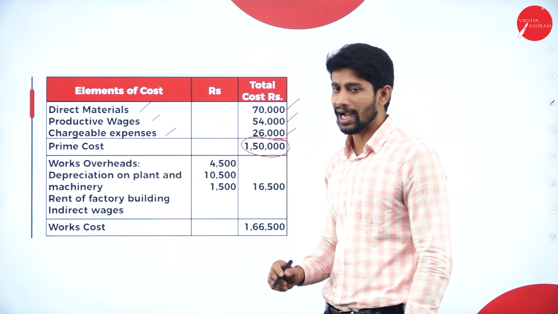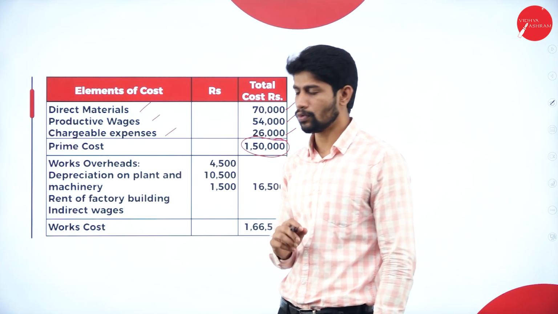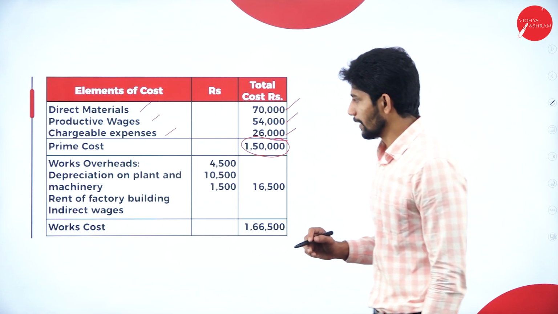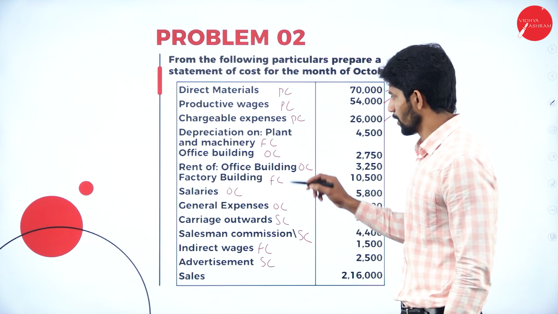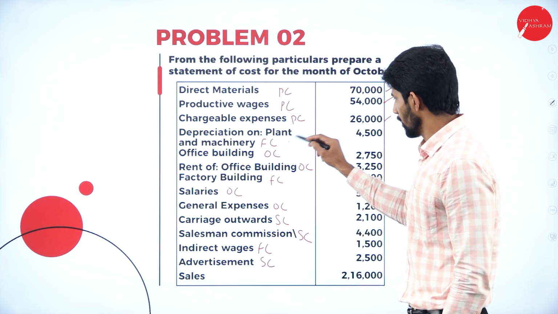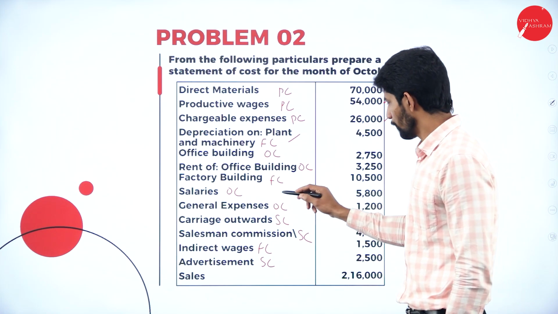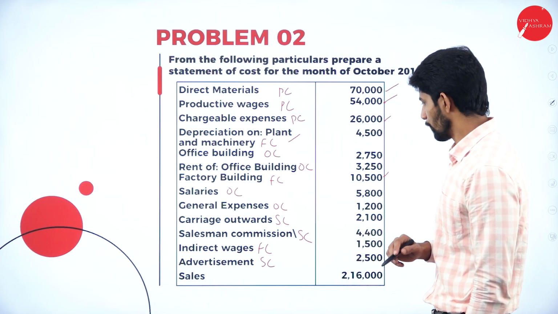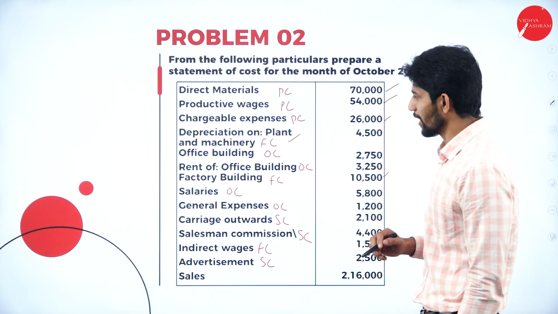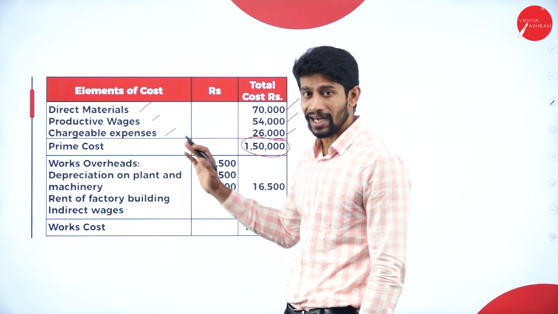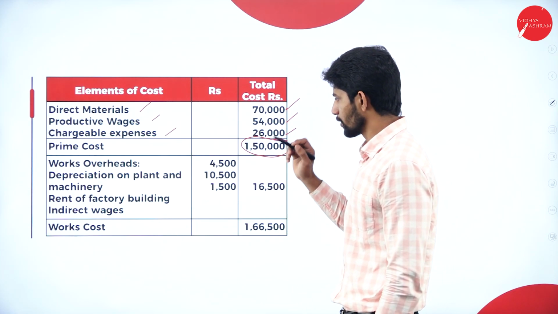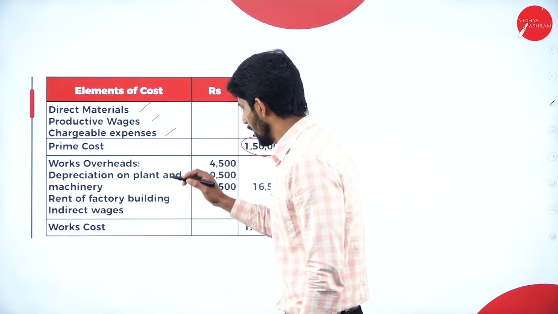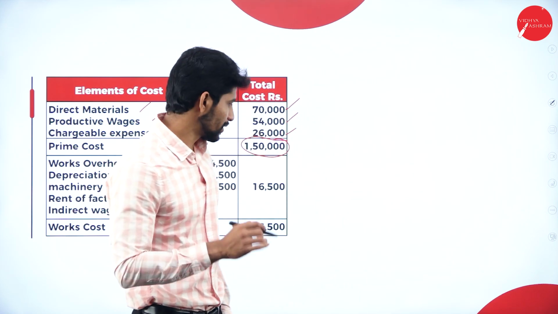Next, to prime cost, add works overhead. That means factory overhead; works overhead and factory overhead are both the same. In the problem we have 3 items: depreciation on plant and machinery of rupees 4,500, rent of factory building of rupees 10,500, and indirect wages of rupees 1,500.